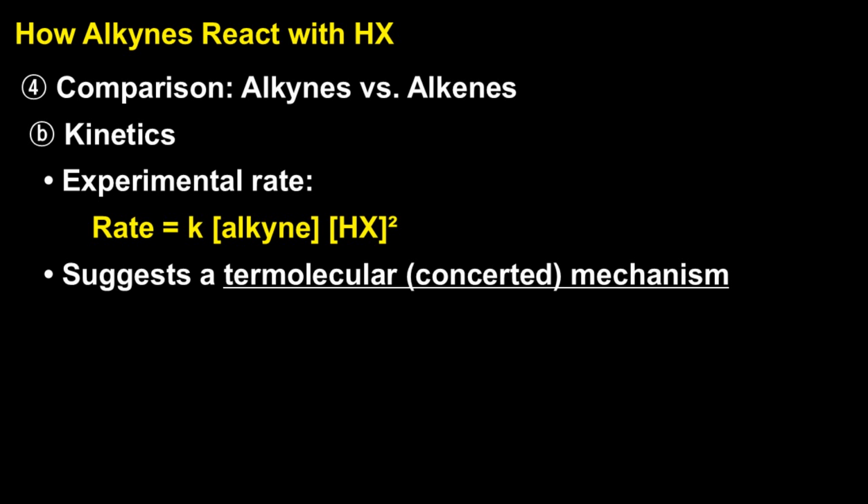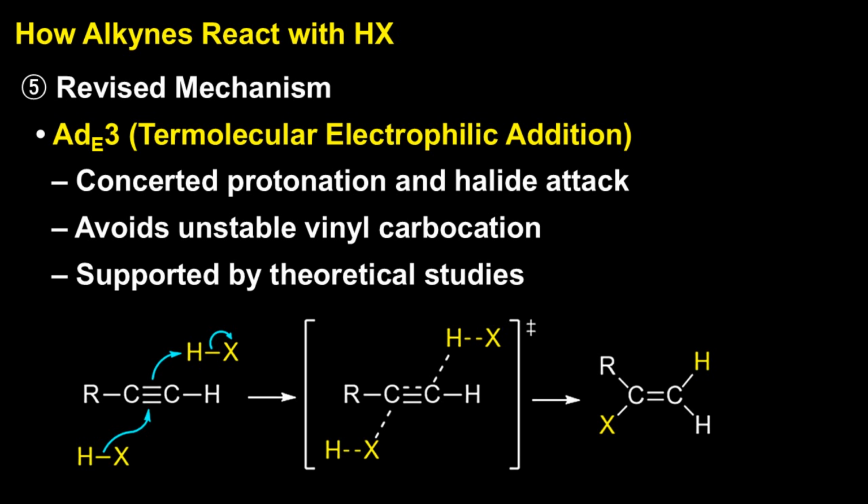So this reaction might not be a simple step-by-step process after all, and that's exactly why scientists are still looking into the details today. So based on everything we've seen, the regioselectivity, the rate law, and the fact that vinyl carbocations are so unstable, a lot of chemists think the classic two-step mechanism might not tell the whole story. Instead, there's growing support for a revised pathway called AdE3, which stands for termolecular electrophilic addition.